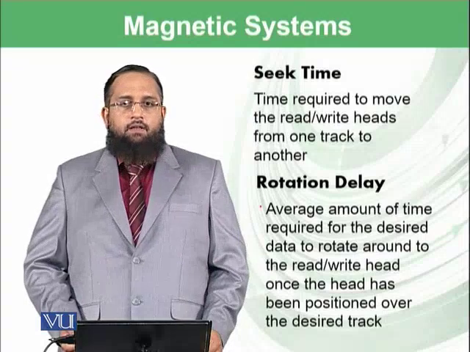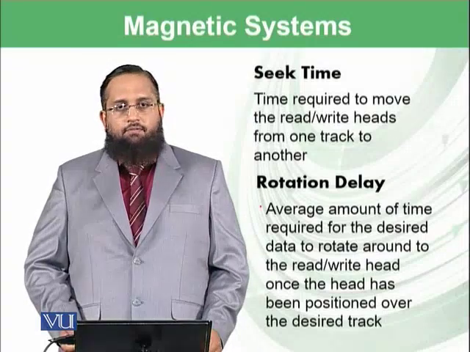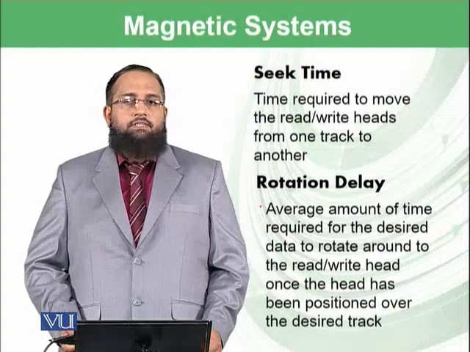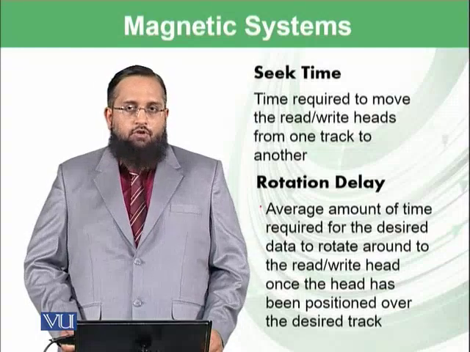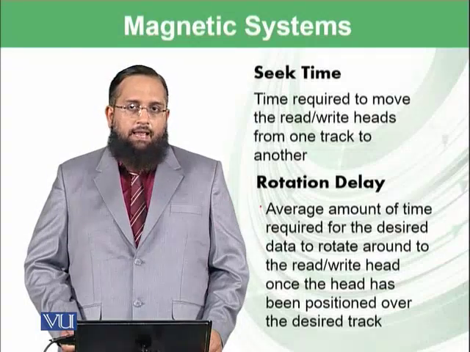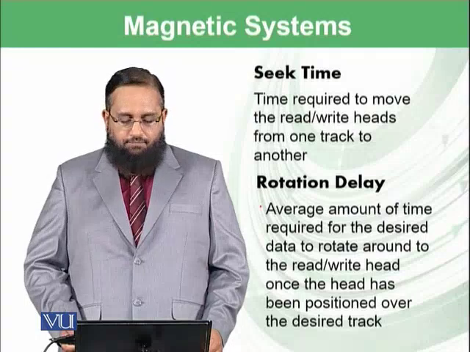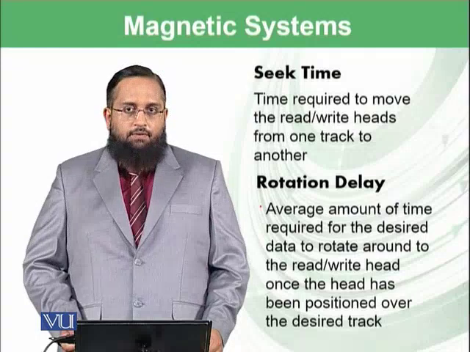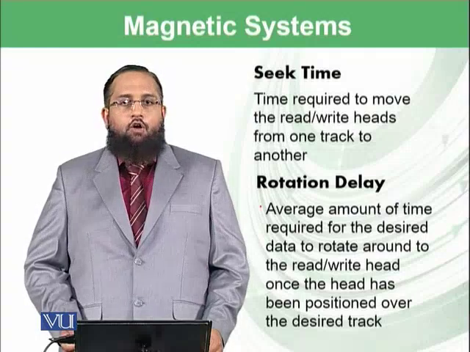For example, you are reading data from one track and there is a command to read other data which is on another track. The time required to move the read-write head to that track is known as seek time. Of course, that should be less if the disk is considered good.